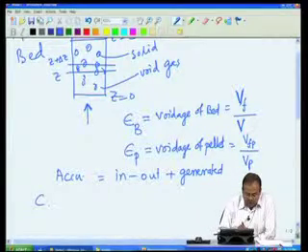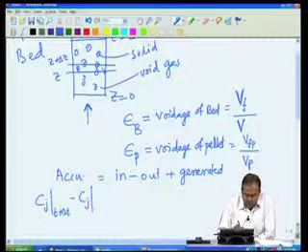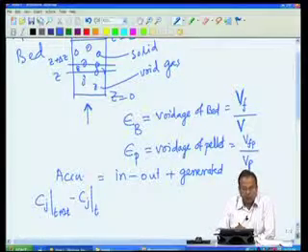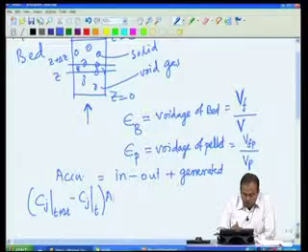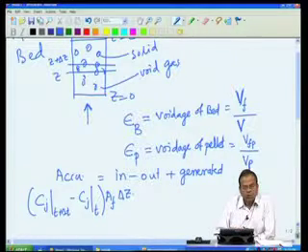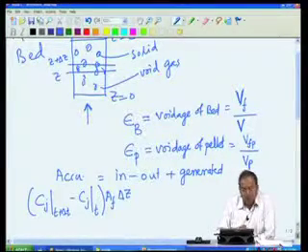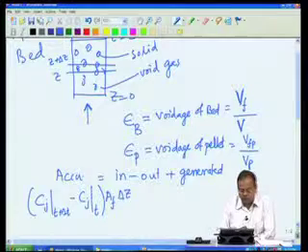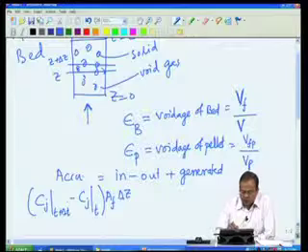If we say that Cj at time t plus delta t and Cj at time t is the concentration at time t, then this into AF into delta Z, that is the volume. Remember, the concentration Cj is per unit fluid volume, multiplied by the fluid volume is the total moles of J which are accumulated.